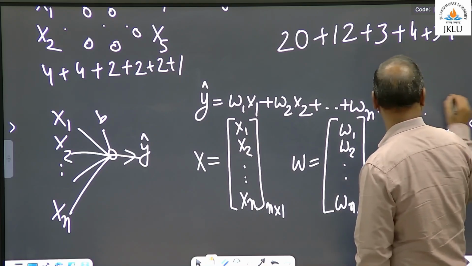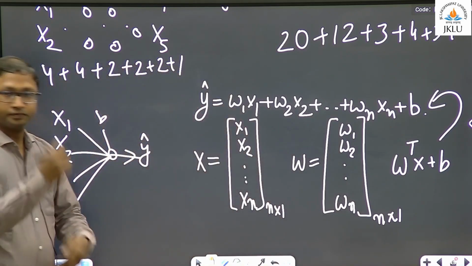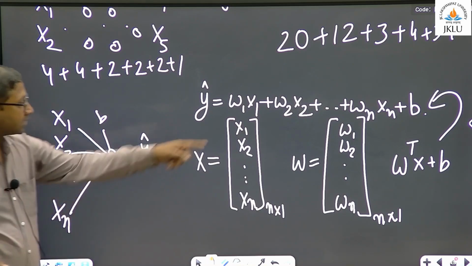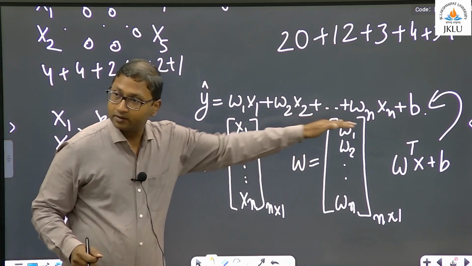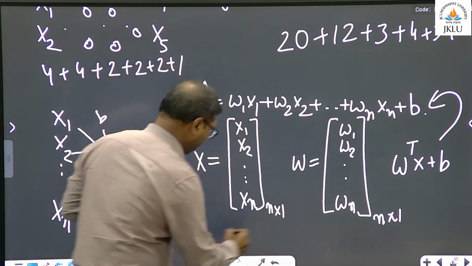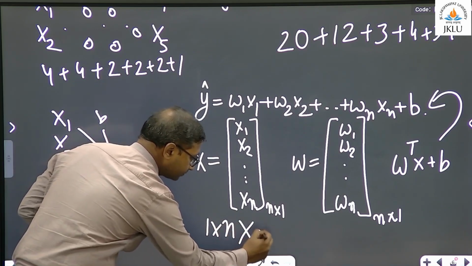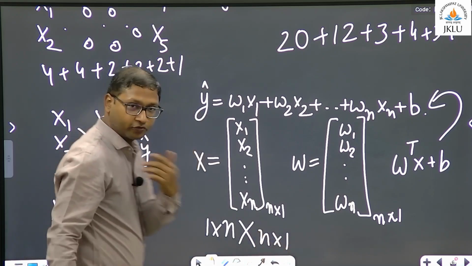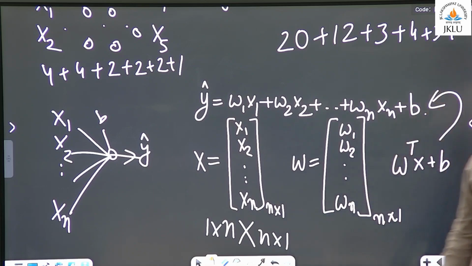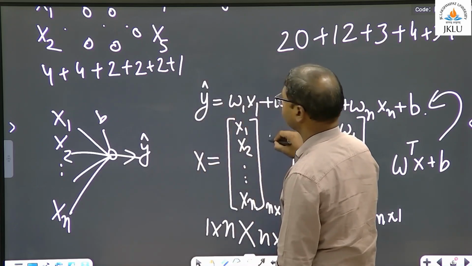This gives me this equation. Transpose will make w a row vector. What will be the size of that row vector now? 1 cross n gets multiplied with n cross 1. The final output will be 1 cross 1. And then b is 1 cross 1, a scalar, so you can just add. Now I come back here.